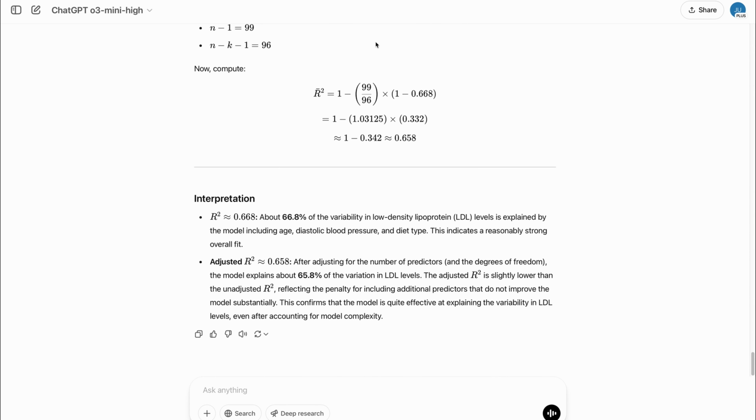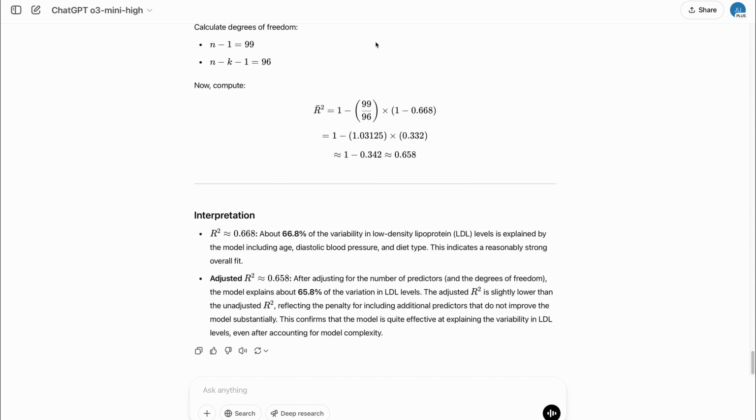So it says there, with the adjusted R squared, after adjusting for the number of predictors and the degrees of freedom, the model explains about 65.8% of the variation in the LDL cholesterol levels. The adjusted R squared is slightly lower than the unadjusted R squared, reflecting the penalty for including additional predictors that do not improve the model substantially. And that is, I think, a very good way. ChatGPT once again has set the solutions out very nicely, and I urge you to use it yourself.